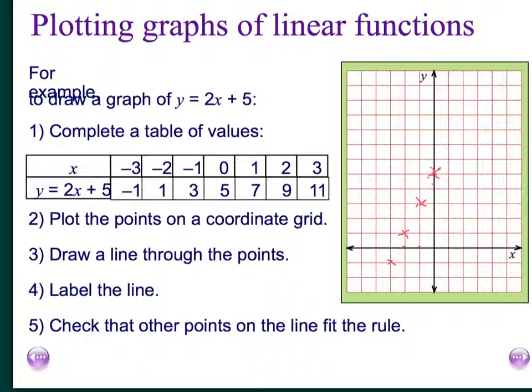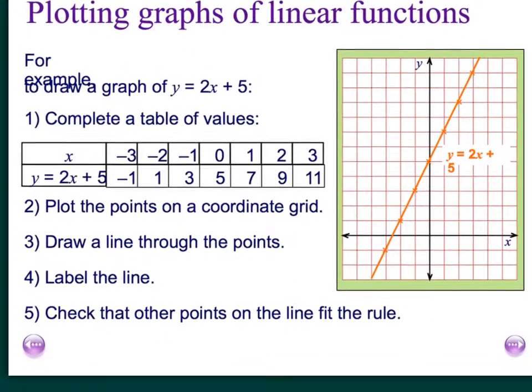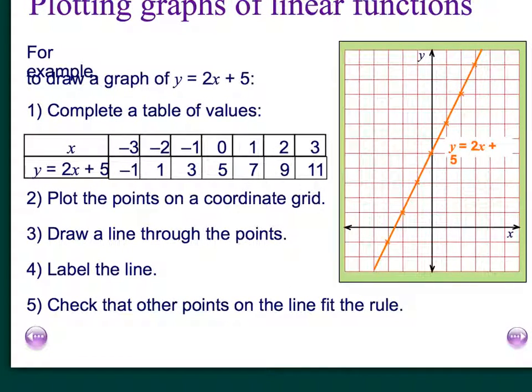And I keep plotting the points. 1, 7, 2, 9, and 3, 11. So now we've managed to plot our coordinates, we can draw a line straight through them and we can label that line.